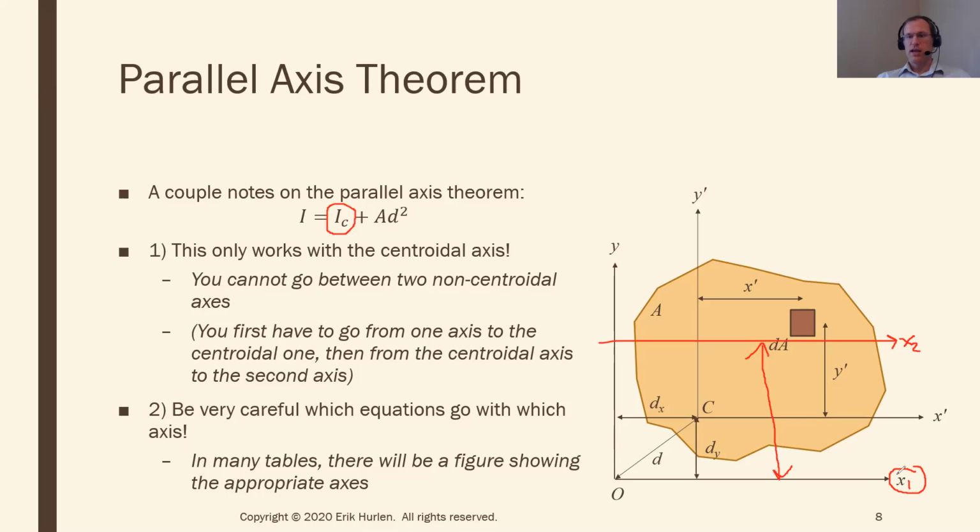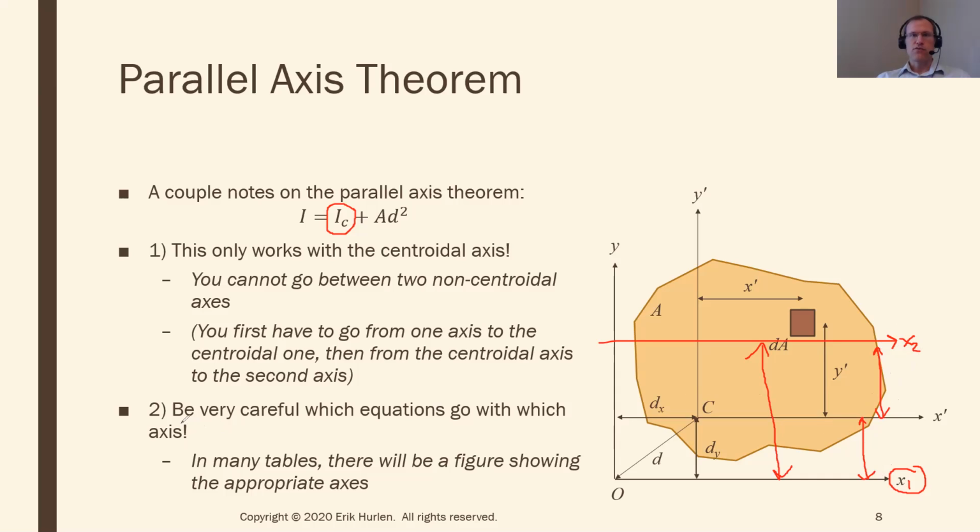What I need to do is essentially take x1 back to the centroidal moment of inertia using that distance, and then from the centroidal moment of inertia, I can find Ix2 based on this distance.